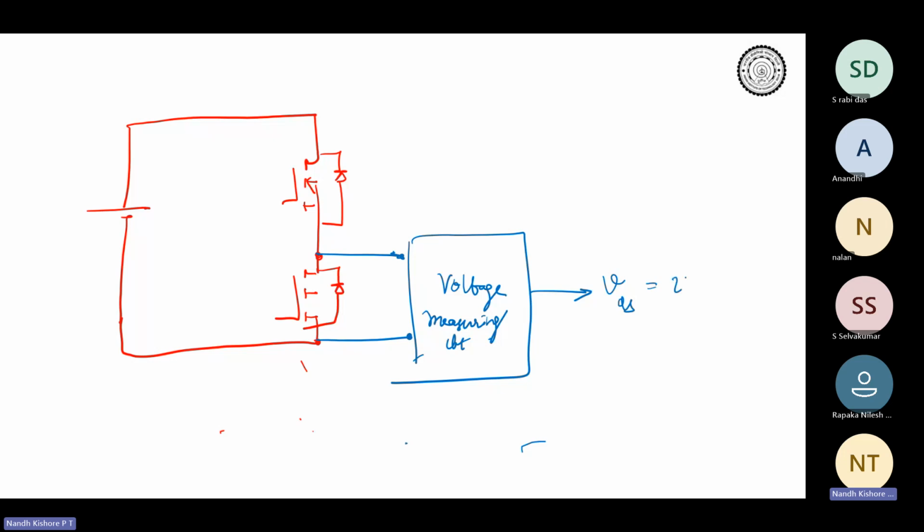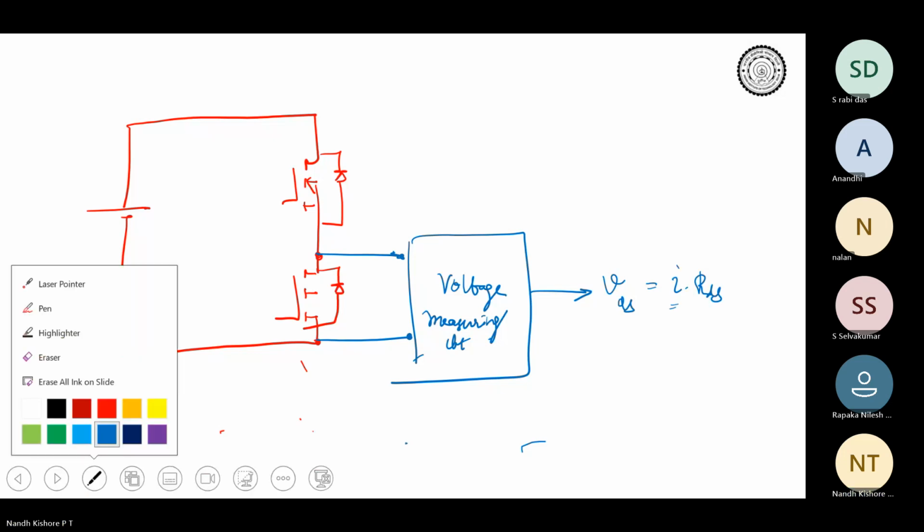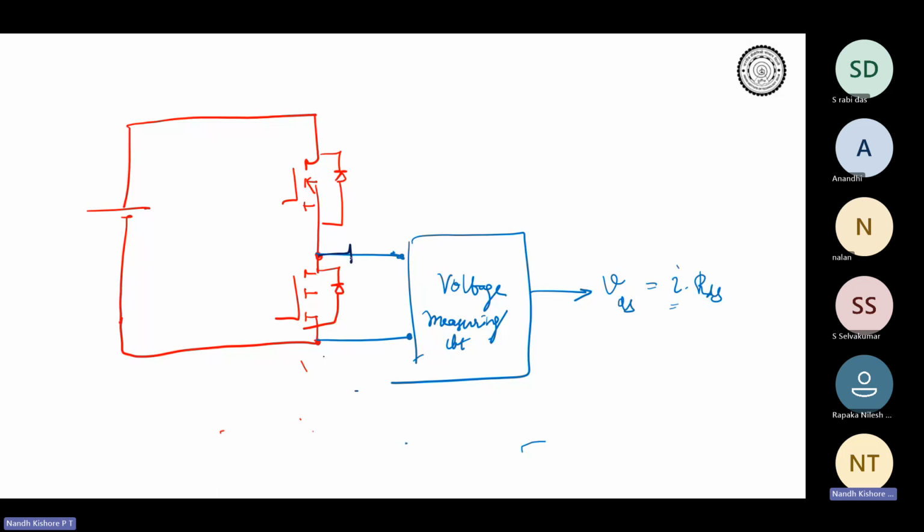And you know that VDS is basically I into RDS. Therefore, if VDS increases, you know that I has increased, basically, right? Now the question was, why are you having a diode something like this? Correct?